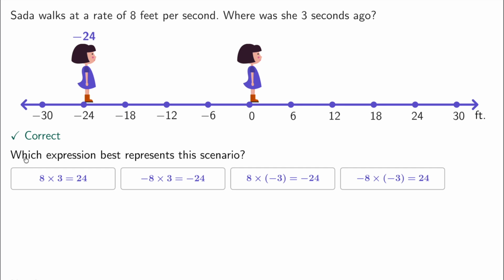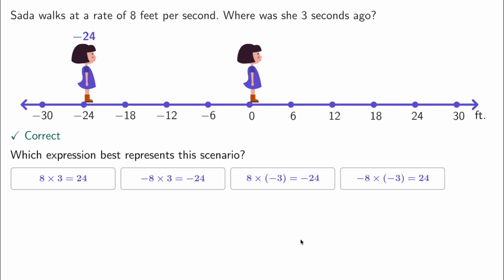Now, which expression best represents this scenario? Look here. It is 8 into 3 is 24, minus 8 into 3 is minus 24, 8 into minus 3 is minus 24, or minus 8 into minus 3 is 24? The given rate, or the given speed, is 8 feet per second, so it is a positive number. And the time is 3 seconds before.